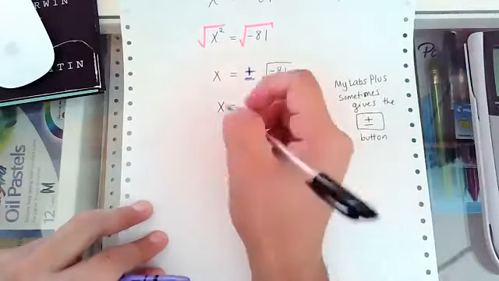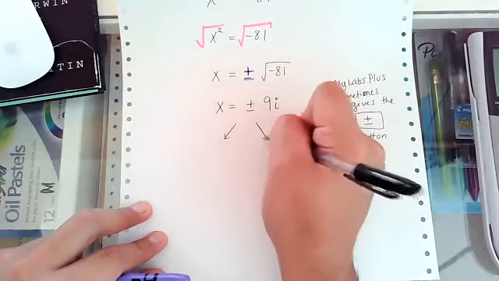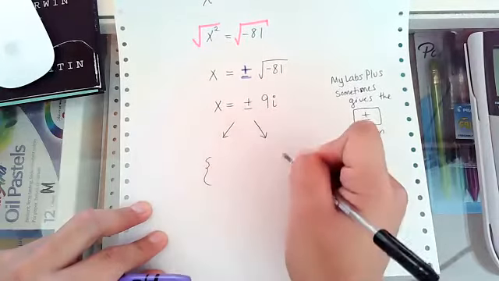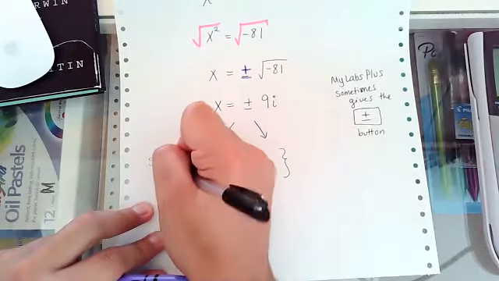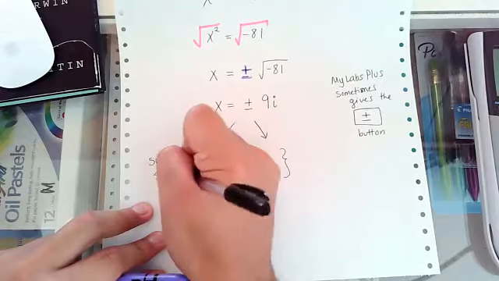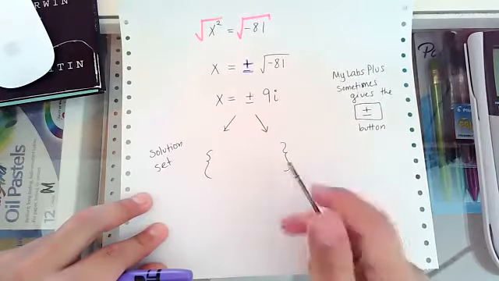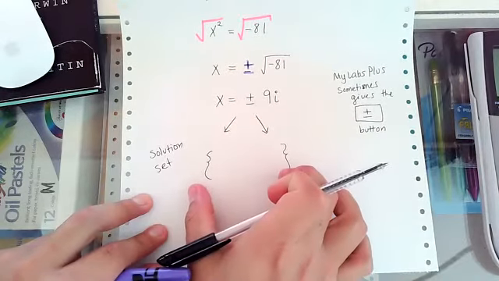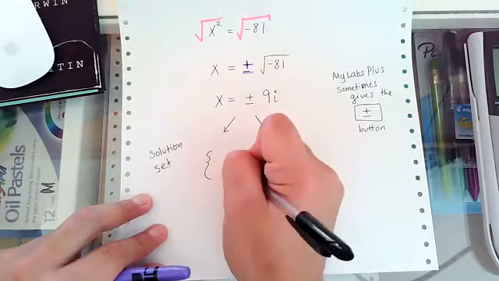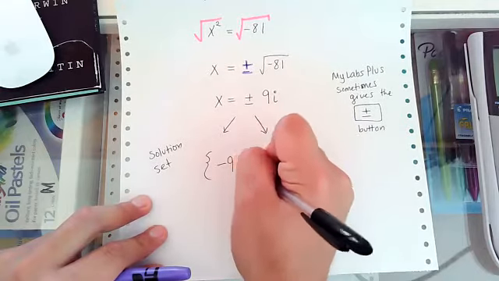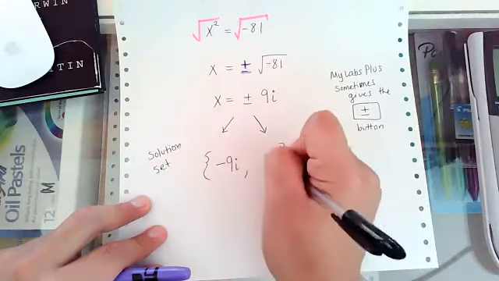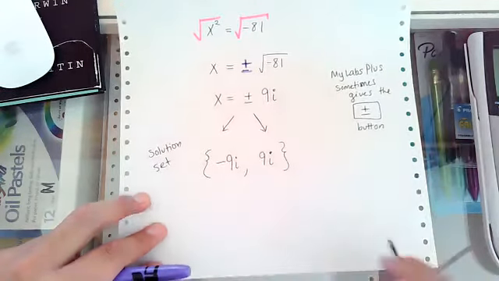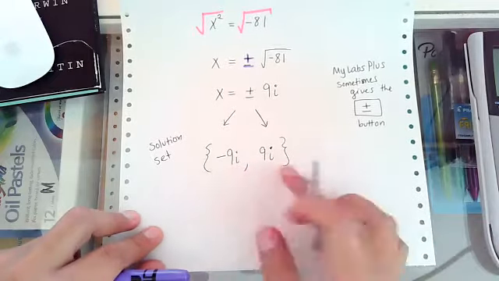But when it doesn't, then you'll just have to write your solution set as, so here's my solution set. Solution sets are always written in curly braces. I'm pretty sure they write that out for you. But then you just have to put negative 9i, comma, 9i. Those are the two solutions.